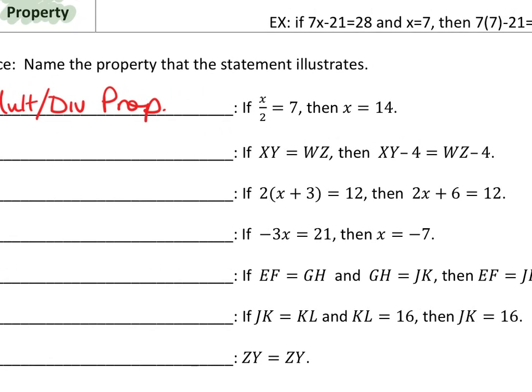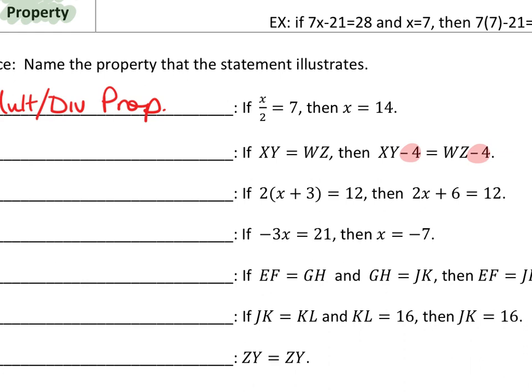It says if xy equal to wz, then xy minus 4 equal to wz minus 4. What did we just do here? It starts with the S. What did we do? I think I heard somebody say it. We could say that. Yeah, substitution. See how we substituted a number on both sides?